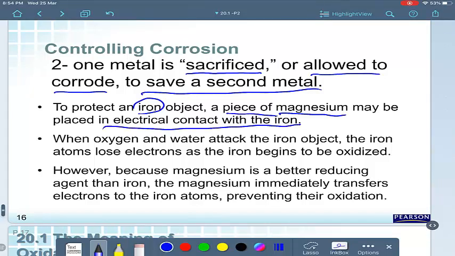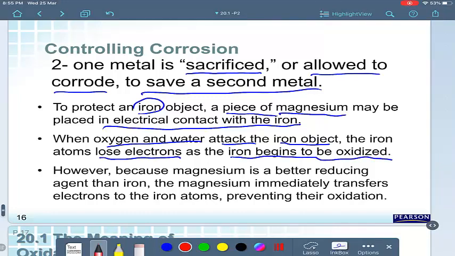Why? Magnesium here is sacrificed for the iron. When water and oxygen attack the iron, what happens to the iron? Remember, it loses electrons. Yes. And iron begins to be oxidized.